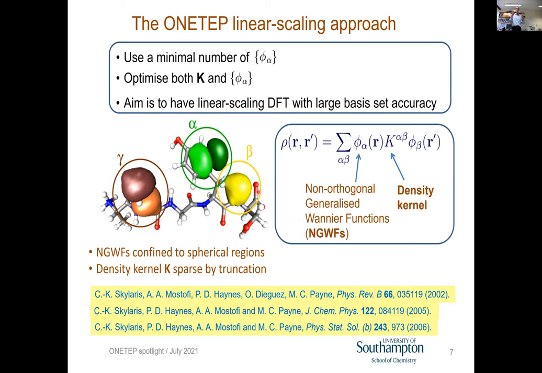So this is the high accuracy, large basis set type of approach. And also we optimize the density kernel, or the coefficients, if you like, that connect these NGWFs to build the density matrix. So essentially, it's a two-resolution approach. We have the coarse resolution of the density kernel and the fine resolution of the NGWFs that are optimized.